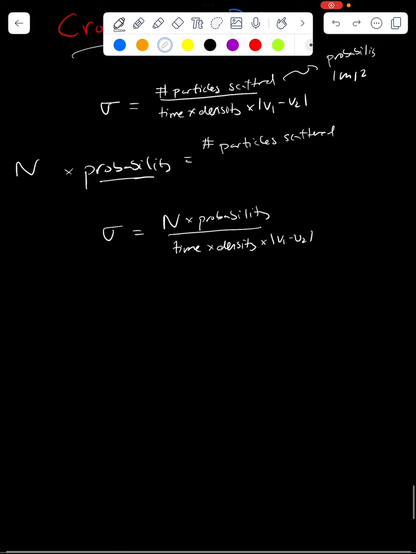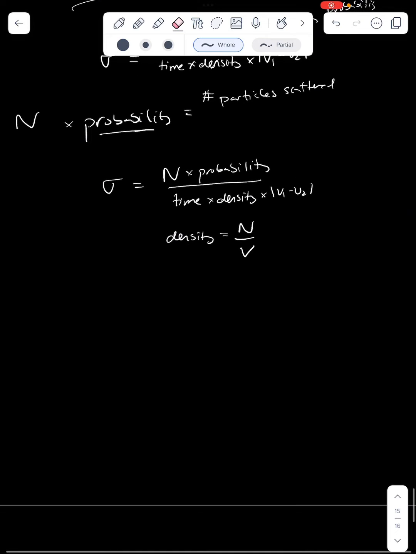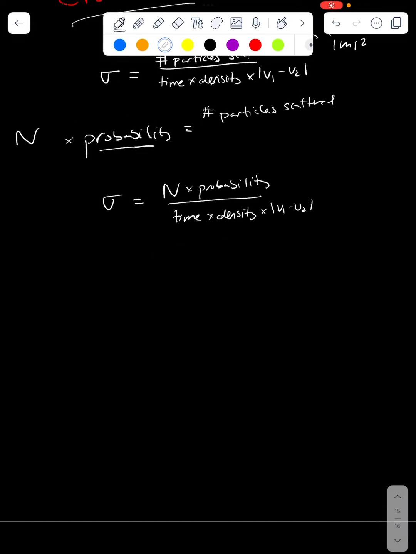And now you have to note that the density is defined as the total number of particles that we had divided by the volume that they're actually encapsulated in. Which means that the cross-section, therefore, is equal to N times the probability, let me just call that P. So N times P over time times N over V, right?